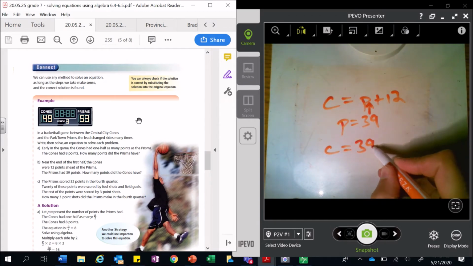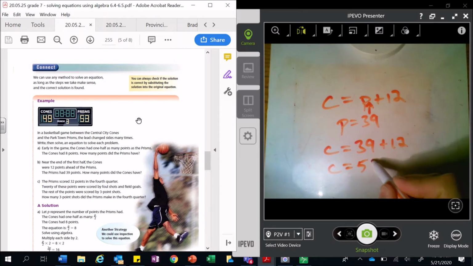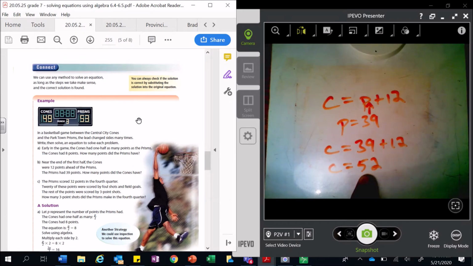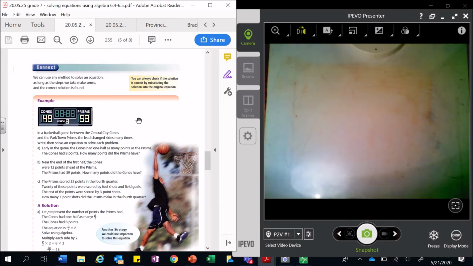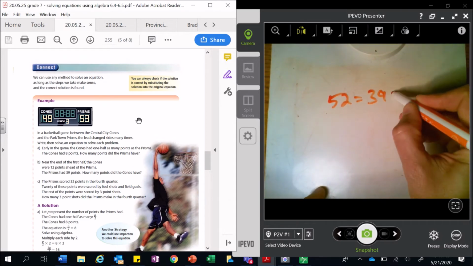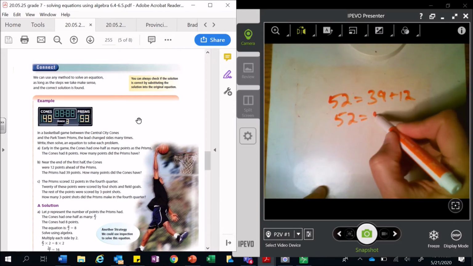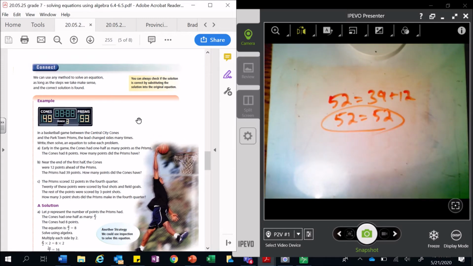If the Prisms had 39 points, add 12 onto that, and you will find that the Cones had 52. Now let's plug that in and see if it's correct. All right, we know 52 and 39. So if the Cones have 52 and the Prisms have 39, and the Cones have 12 more than the Prisms, does that balance? Yes, it does. So we must be right.